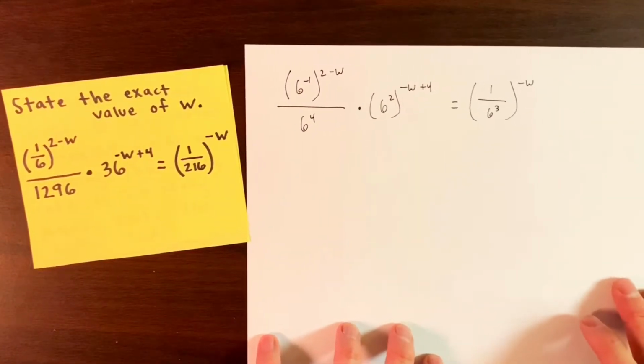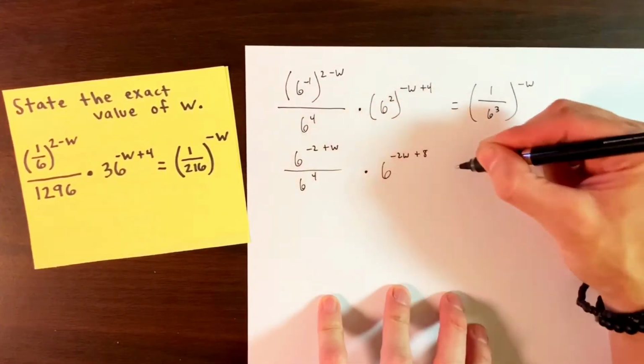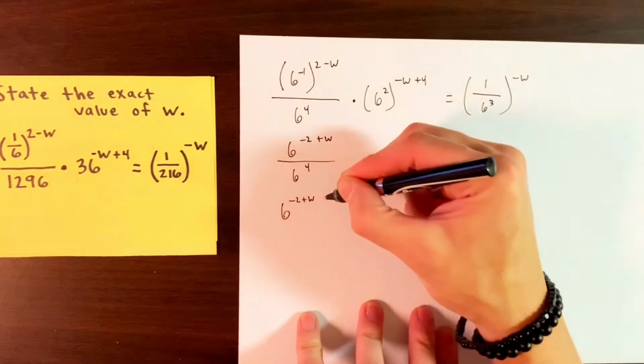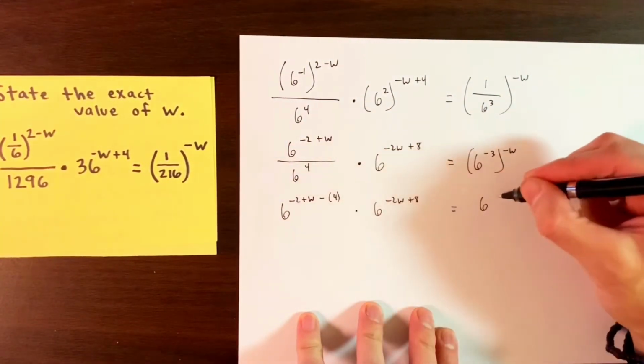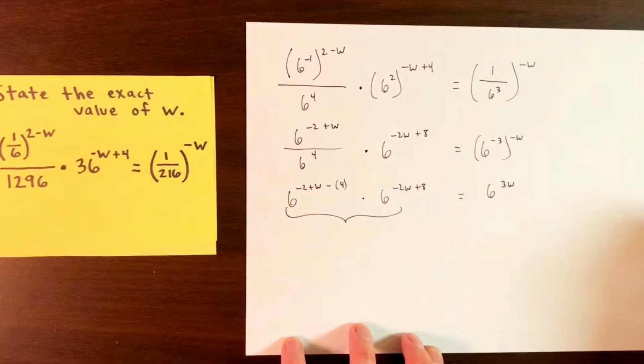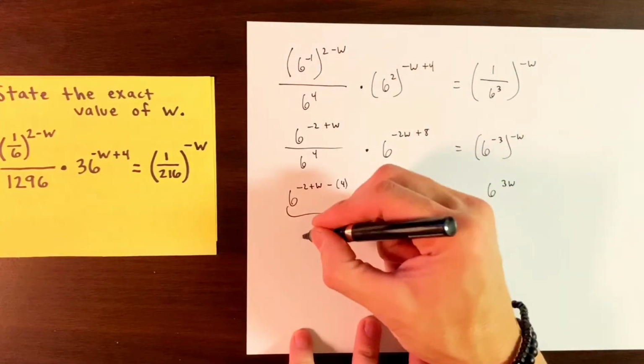And now we can do a couple of little things. Okay, we can do some more. We can combine these into a single 6 by adding the powers together.